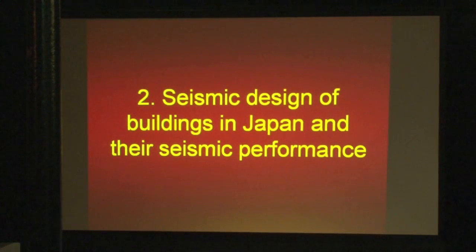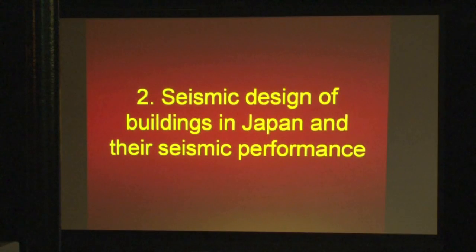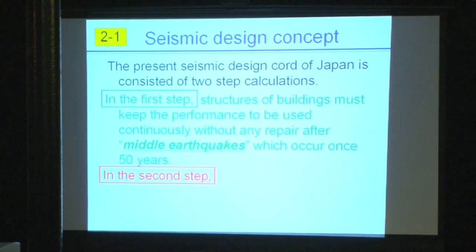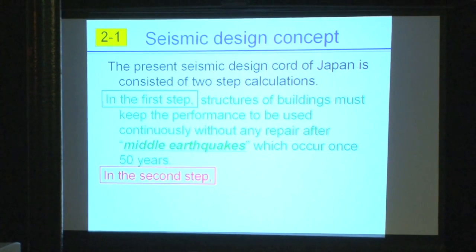The second topic is seismic design of buildings in Japan and their seismic performance. The present seismic design code of Japan consists of two-step calculations. In the first step, the structures of buildings must have the performance to be used continuously without any repair after middle earthquakes, which occur about once in 50 years.